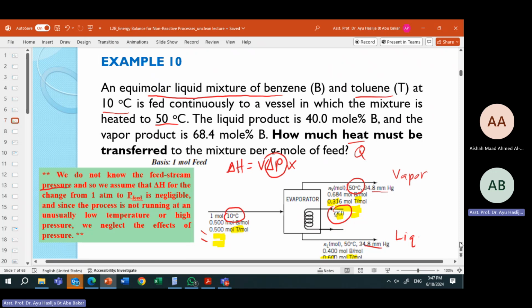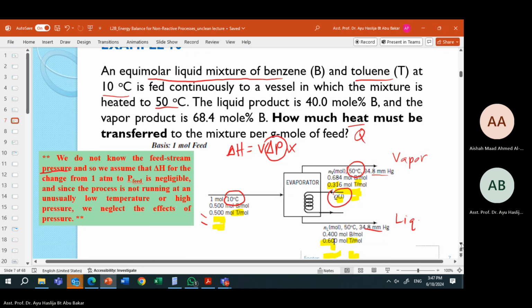Previously, from the previous example, you were given the mole of the products, so from there we could calculate the material balance. Now, in this example, the mole of vapor and liquid is not provided. So in order to proceed to the energy balance, you need to complete the material balance first.